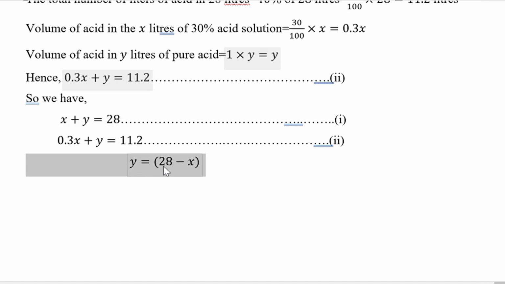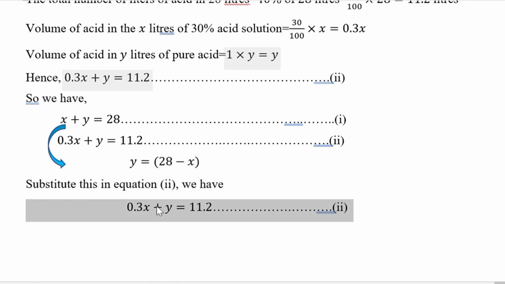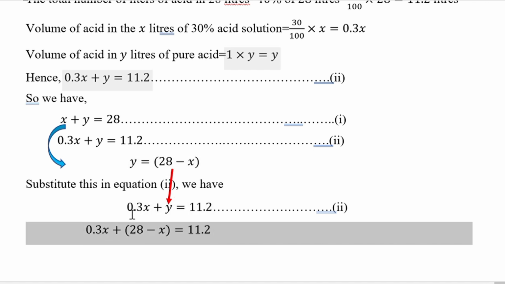So Y is equal to 28 minus X. Then after doing that, we take the second simultaneous equation where we see Y, we substitute or replace it with 28 minus X. So that's what I've done here. I've taken equation 2, and then I'm replacing Y with 28 minus X, and that's what I have, 0.3X plus, instead of us writing Y, we write this, should be equal to 11.2.